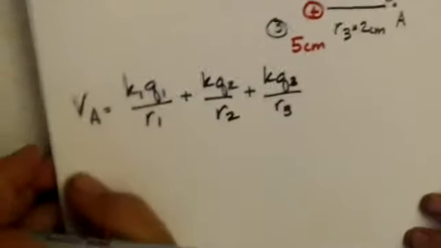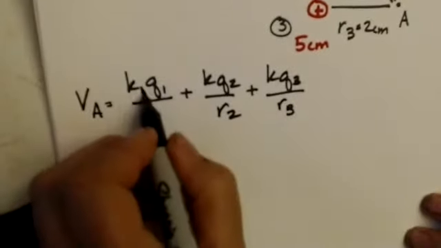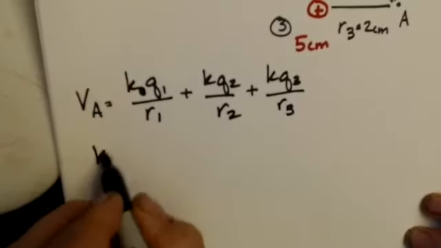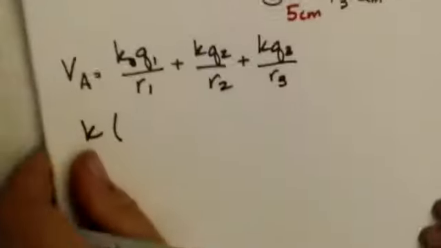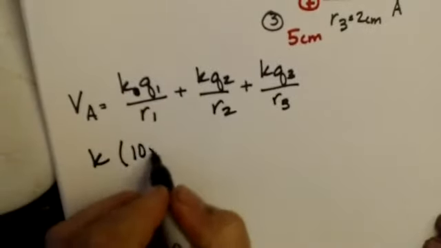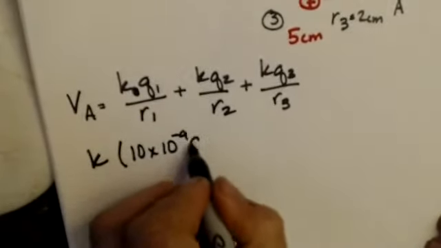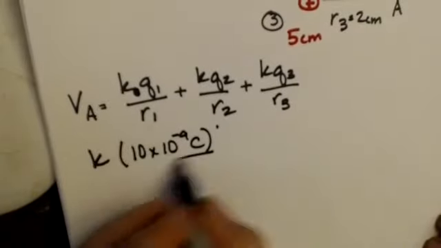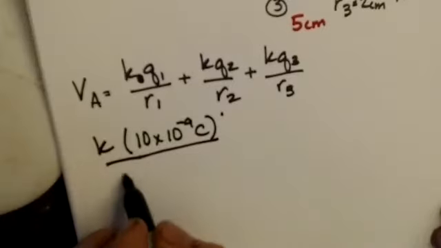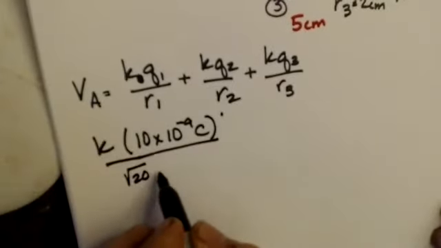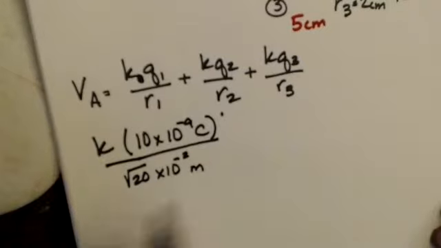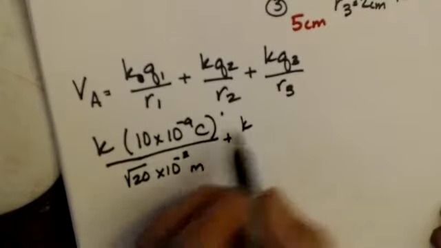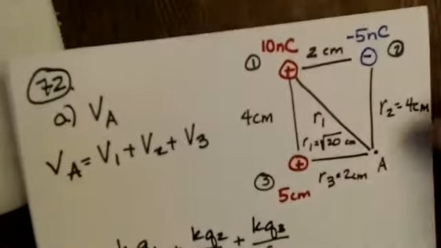Okay, just like I did, except now, it's not K1, it's just K. So K Q1, if I remember from my picture, is 10 nanocoulombs. So 10 times 10 to the minus 9 coulombs over R1, whatever the square root of 20 is, you can figure that out with your calculator. But it's times 10 to the minus 2 because I don't like meters.